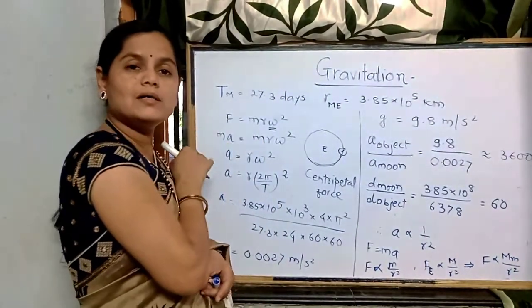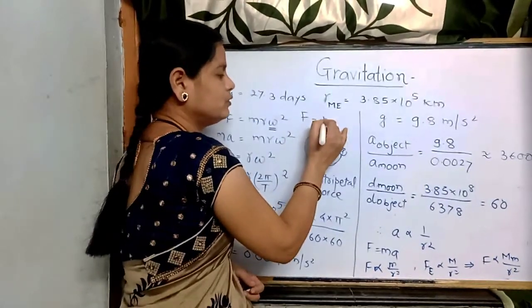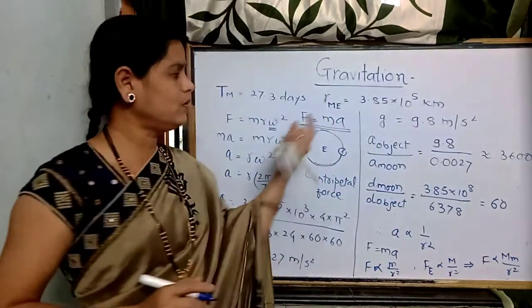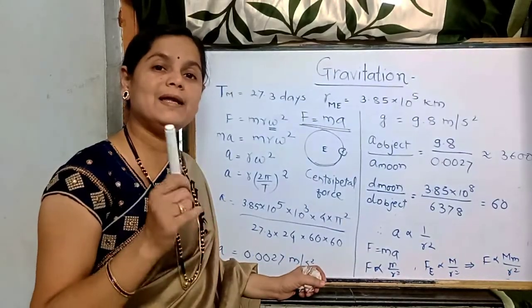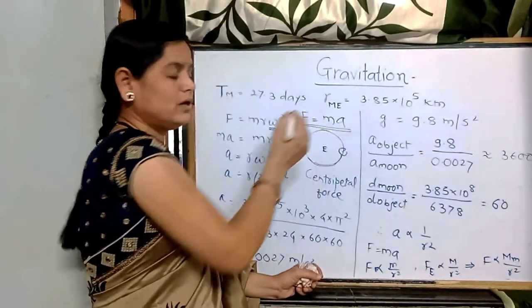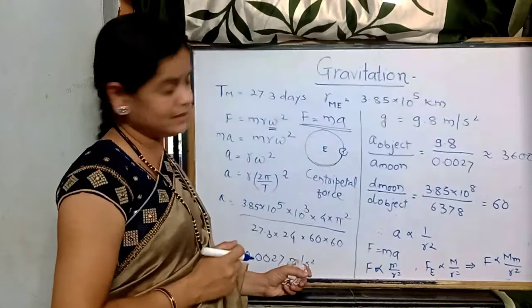Force is equal to mass into acceleration, right? We know that Newton's second law is force is equal to mass into acceleration. This conclusion is from the rate of change of momentum being directly proportional to the force. From this we found that the numerical value of force is equal to mass into acceleration.